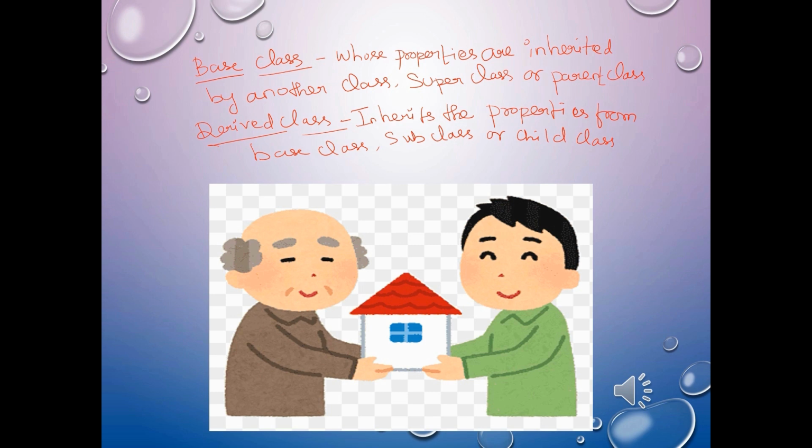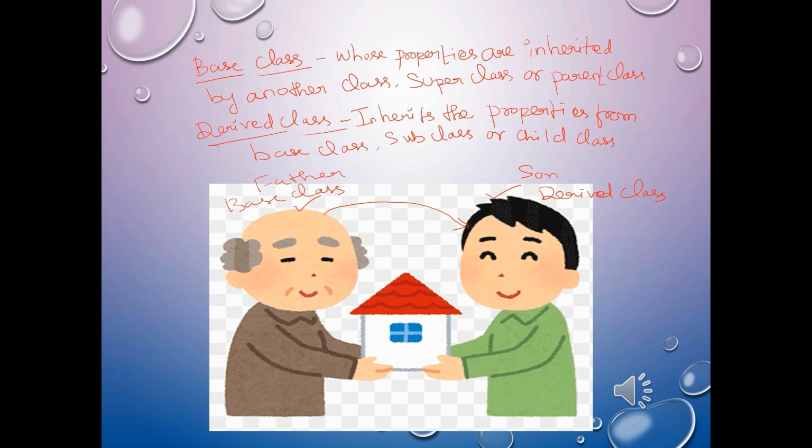See here in this picture, we have father and we have son. Son is inheriting the properties of father. Father is a base class and here son is derived class. See, father is having one house.